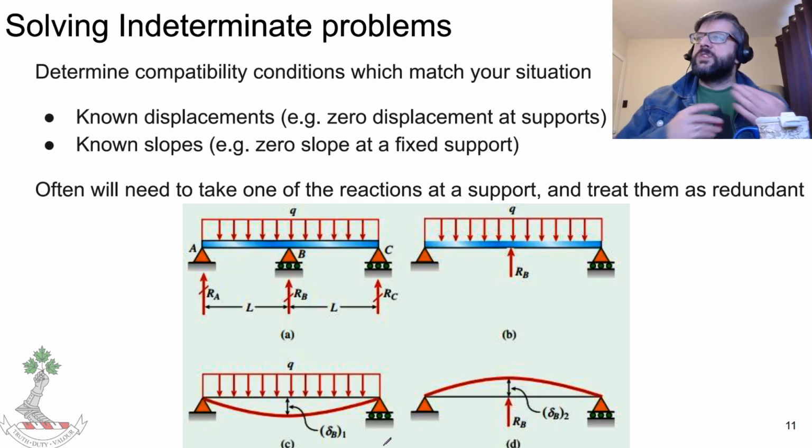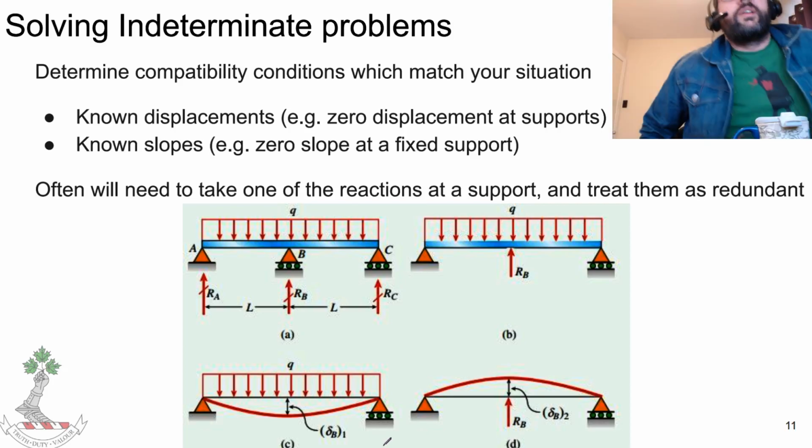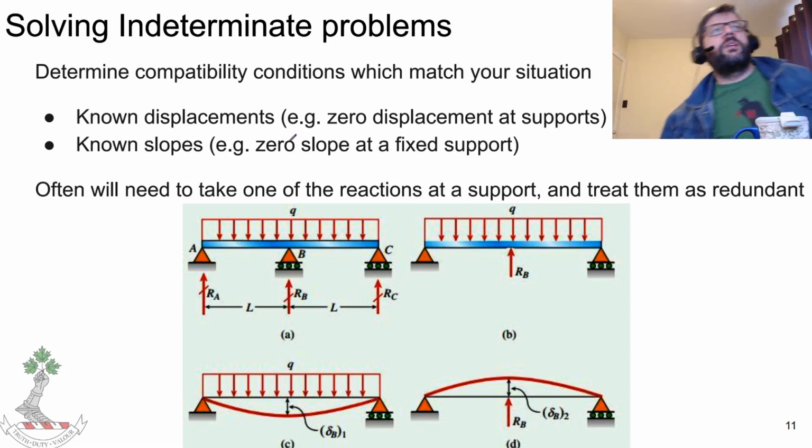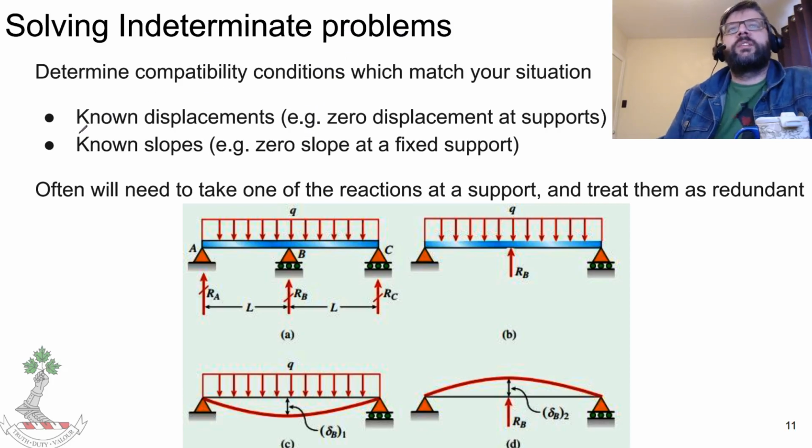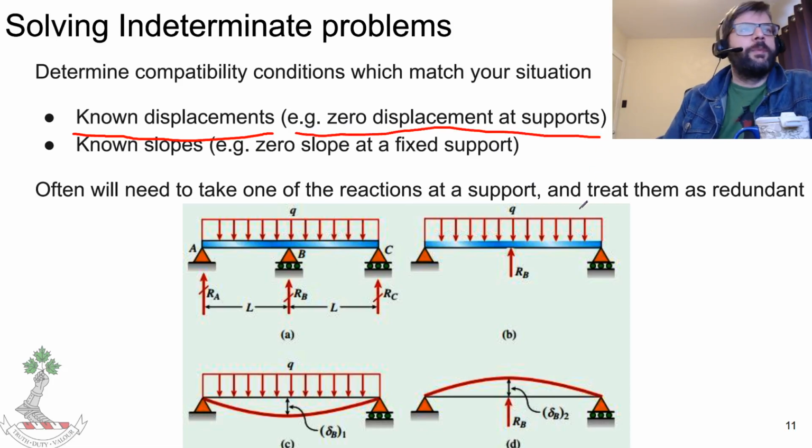So we can use these to solve indeterminate problems. So what you're going to need to do is figure out what sort of compatibility condition matches your situation. That's going to be based upon having known displacements, such as zero displacements at the supports. That's a typical one.